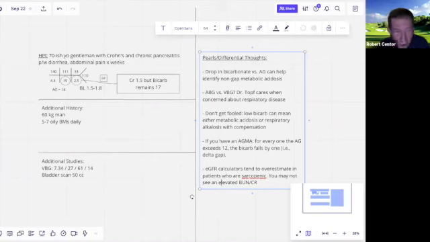So let's talk about the estimated GFR for a minute. Alex and Drew, what do you know about the estimated GFR? And is there anything we could do to get a better estimation than what the computer tells us?